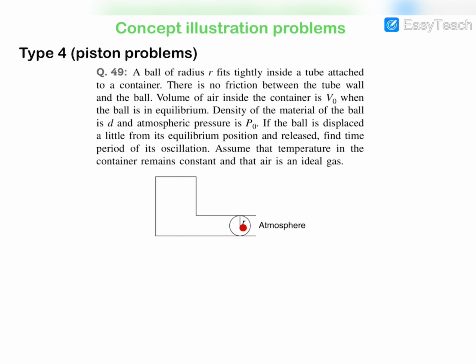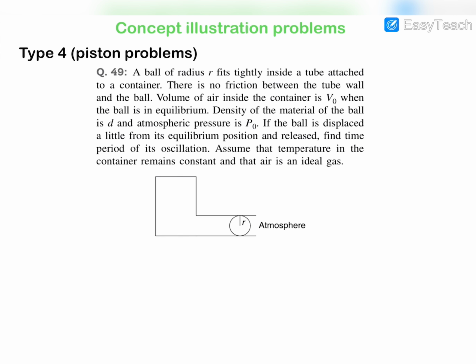Initially this ball is in equilibrium position, so if this ball is displaced slightly inside or outside, this ball starts to perform SHM. We have to assume that the temperature of the gas inside the vessel does not change due to displacement of the ball, and we have to find the time period of SHM of the ball.